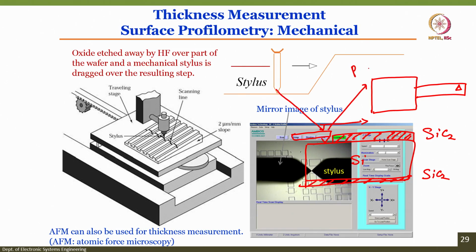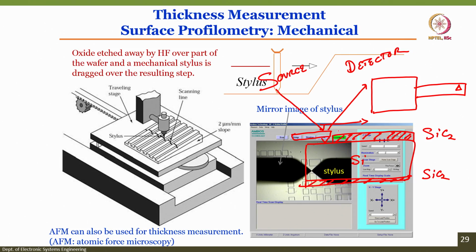For an easy description we say source and detector. So, light falls on the cantilever.